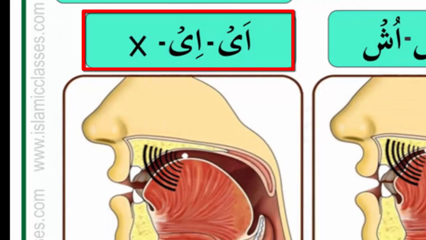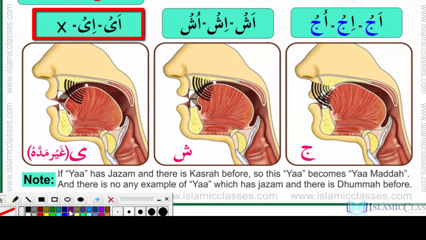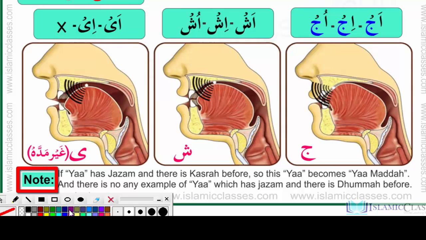And the third example is not here. Why? Because you can see this is one note at the end of this image, and it's written if ya has jazm and there is kasra before. As you can see, this is the second example. If ya has jazm and there is kasra before, then this ya becomes ya maddah. So this ya is not a part of this articulation, or you can say this ya is not a part of this makhraj which we are reading now.